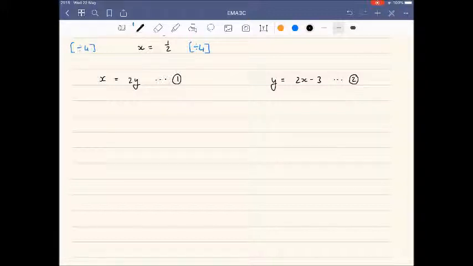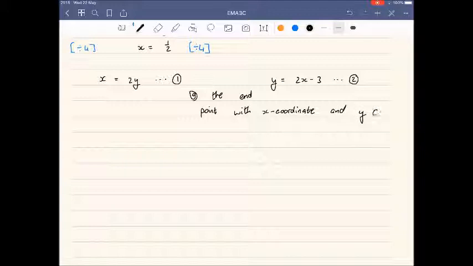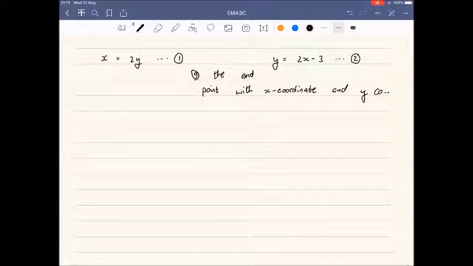So at the end of this, we should have a point with an x-coordinate and a y-coordinate. And that point is going to be the solution set of this problem.